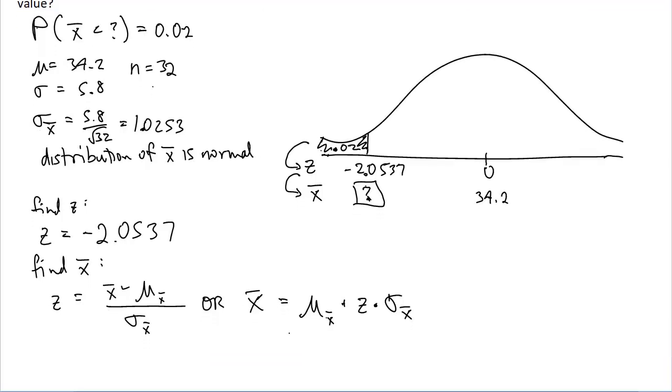So let's plug in. We know that mu for x-bar is just the same as mu, that's 34.2. We know the z-score was negative 2.0537. And sigma for x-bar, we previously figured that out, 1.0253. And now just do a little arithmetic.